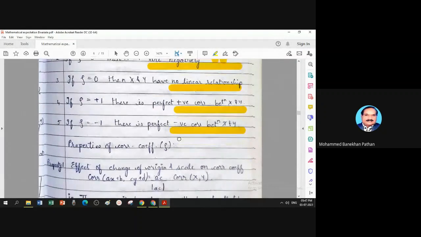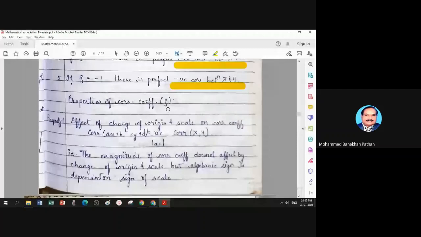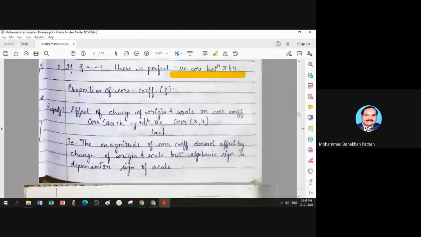We have certain properties to study the correlation coefficient. Just like I had given for covariance, the property of change of origin and scale, and it is observed covariance is affected by scale, not by origin. In the same guideline, we have the effect of origin and scale on the correlation coefficient.